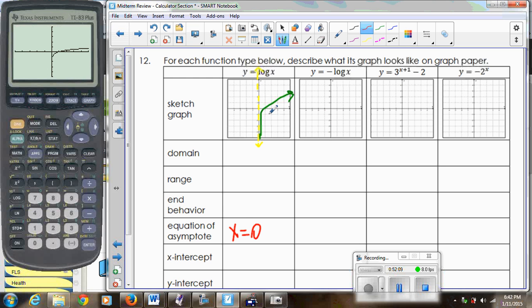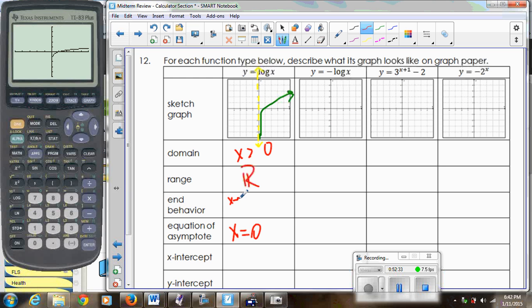So the domain: note that my function is never going to cross that line. So my domain must be that x is greater than 0. The range: if I look at all the y values, this function goes down to negative infinity and up to positive infinity, so my range is all real numbers. When it asks about end behavior, it's basically saying as x approaches infinity or negative infinity.